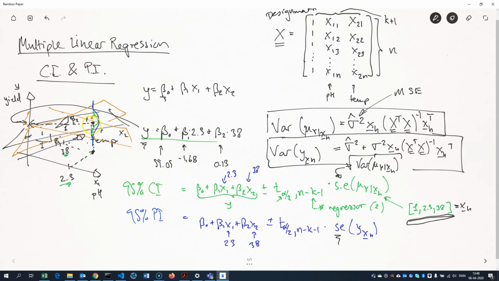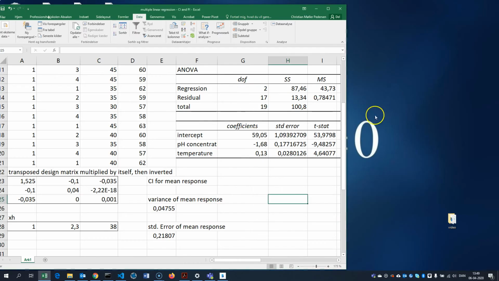What we need first is the most probable yield, so that would be the intercept of this point, or you could say the projection of this point onto the plane has this value. We get that by just inserting the regressor values 2.3 and 38 into the model. So that gives us the most probable estimate here.